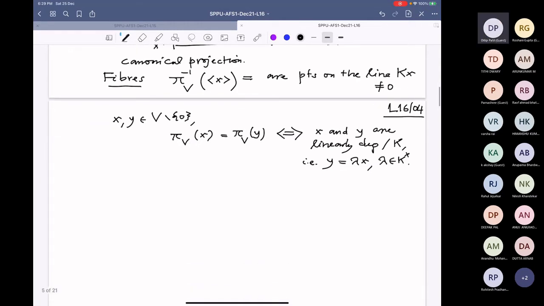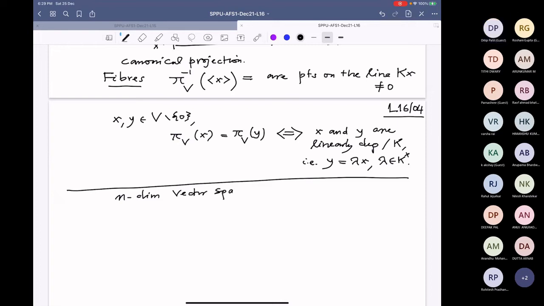All right, so I will just recall for simplicity. Suppose I take a finite dimensional vector space V, and suppose it is n-dimensional. Then we know this is isomorphic to k power n as a vector space.